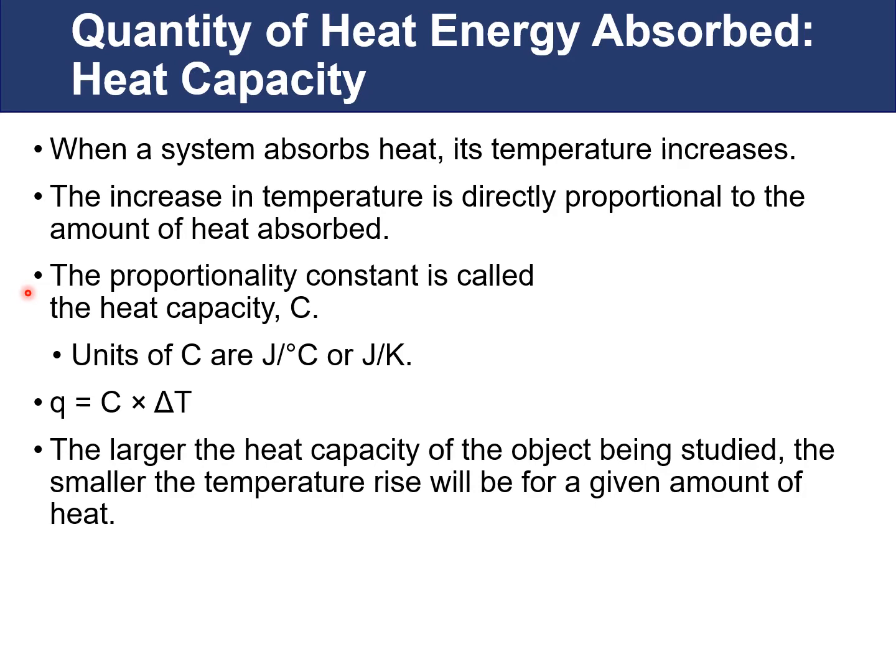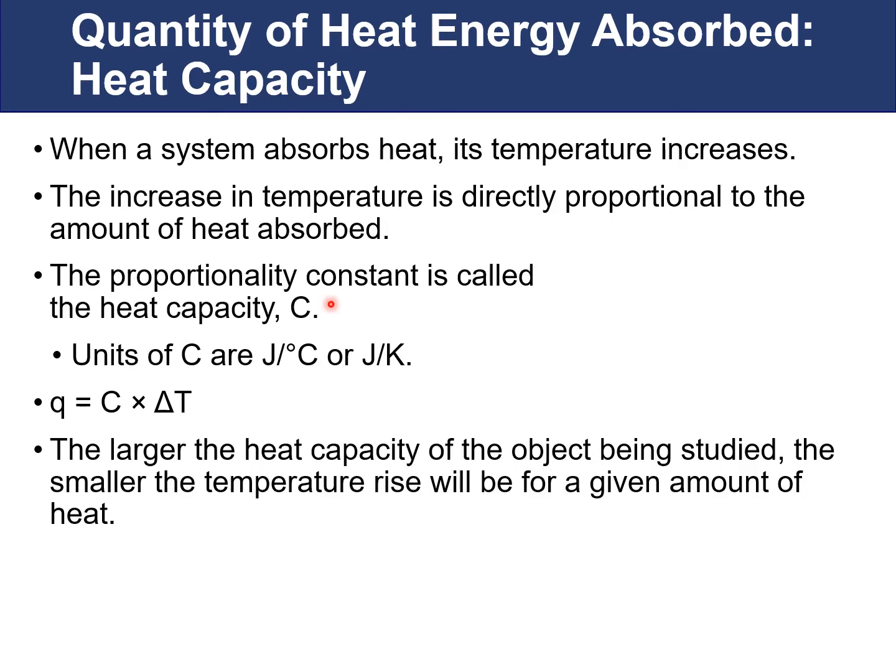When we're talking about an object, such as a frying pan, an object that can't be subdivided, we use heat capacity, which is going to be represented with just a capital C. As we will see in a little bit, we also have the specific heat capacity and the molar heat capacity for objects that we can subdivide.